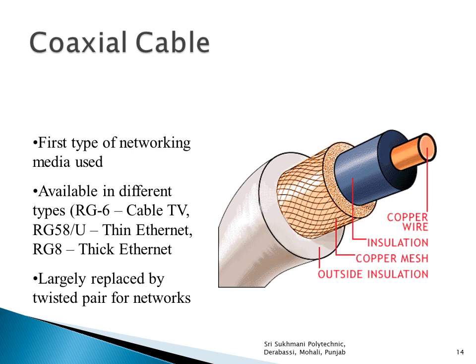Whatever cable TV signals go to your TV sets come to your house through coaxial cable. It has been largely replaced by twisted pair networks. Cable TV and thin Ethernet are basically useful networking media.